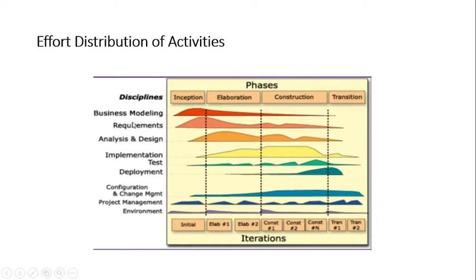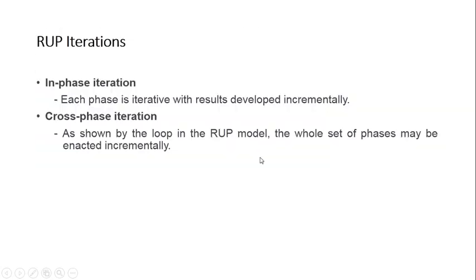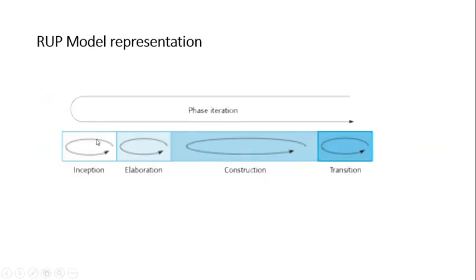In the inception phase, how these activities are carried out, how much effort is given. In elaboration, the effort is represented, right? So this is what I was telling you: all the 9 activities are carried out in a phase, but the effort distribution is different, right? So iteration, 2 ways. Phases are iterated, activities are iterated.